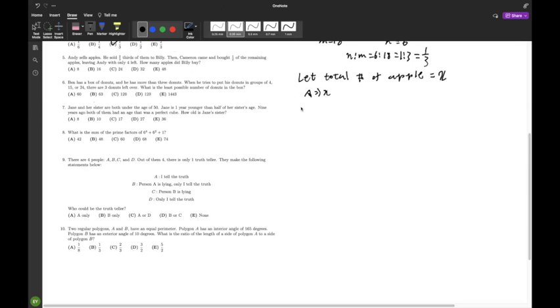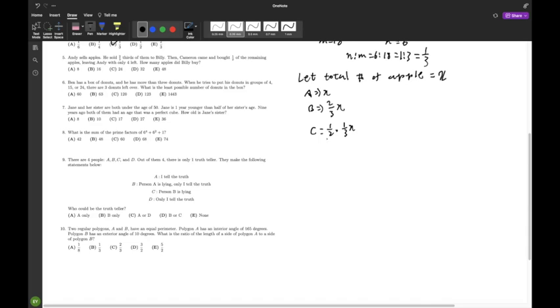Okay. Then A sold two-thirds of them to B, right? So B has 2 over 3x. And now C came and bought one half of the remaining. So it's 1 over 2 times 1 over 3x, right? Because the remaining is 1/3 of x.